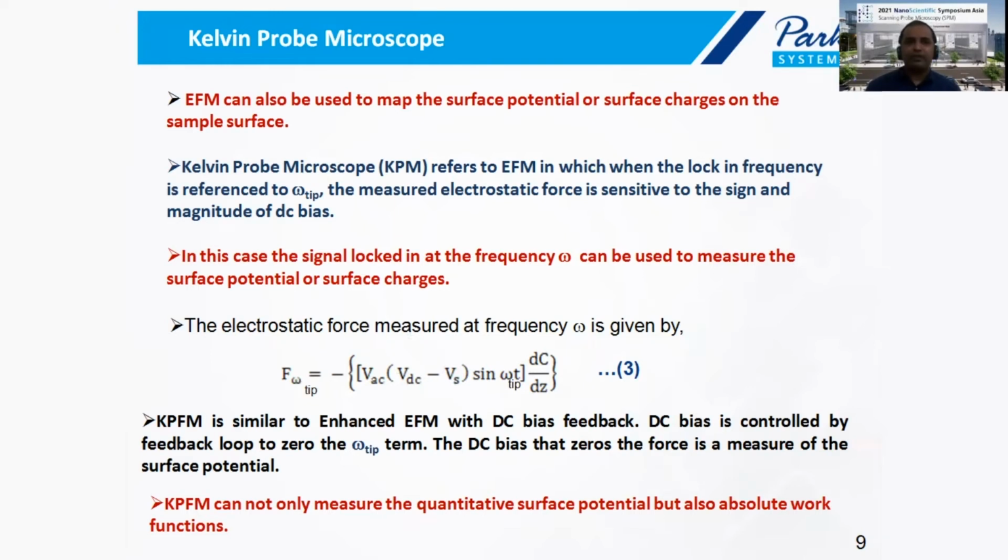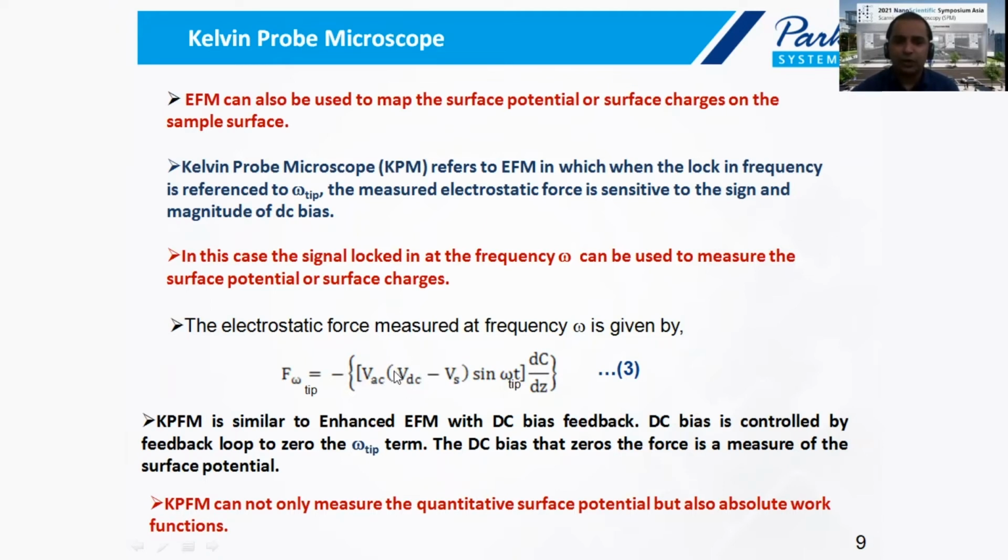So whenever we perform this Kelvin probe microscopy experiment, at every point or at every pixel of your sample surface or the image, we try to use a DC bias feedback, right?